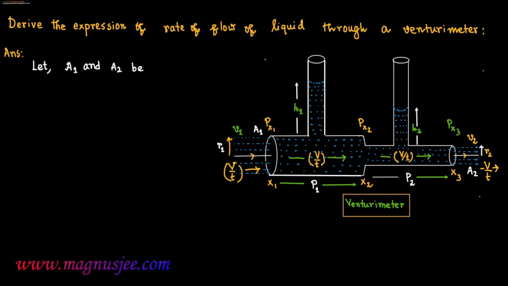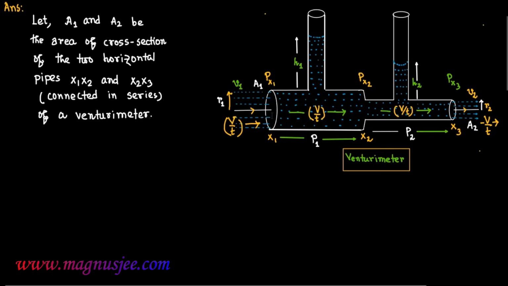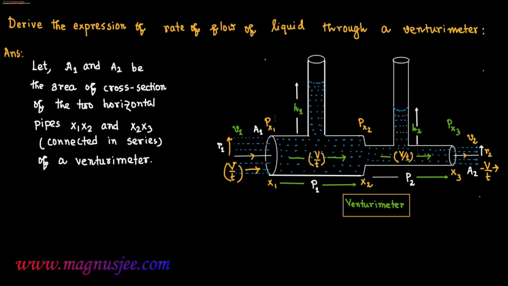Let A1 and A2 be the areas of cross section of the two horizontal pipes X1X2 and X2X3, which are connected in series combination in a venturi meter.